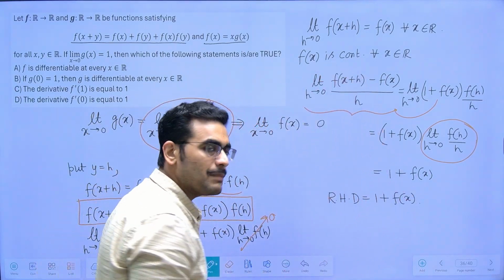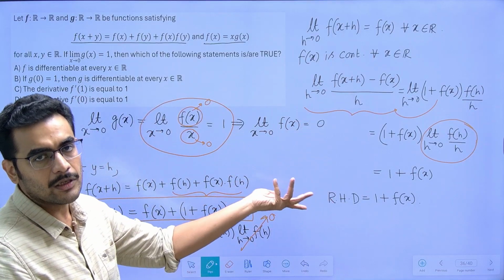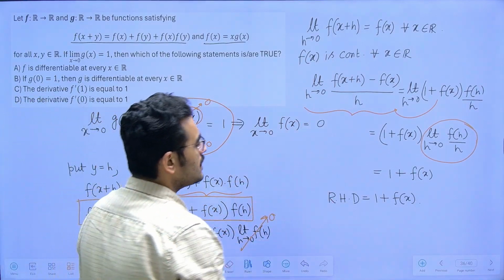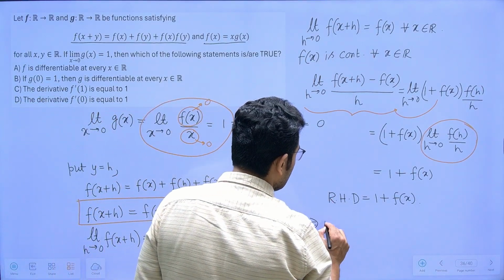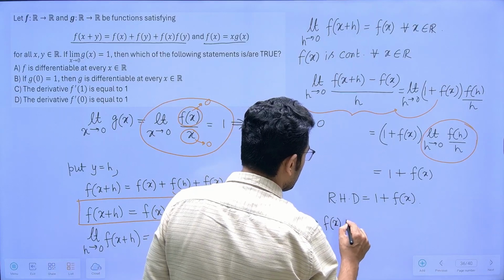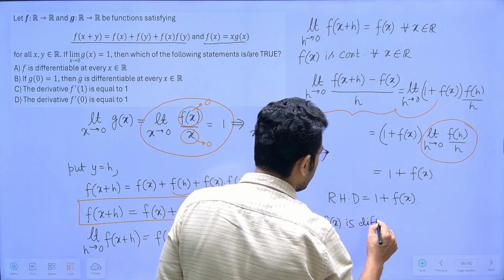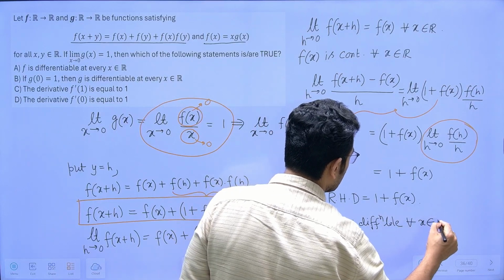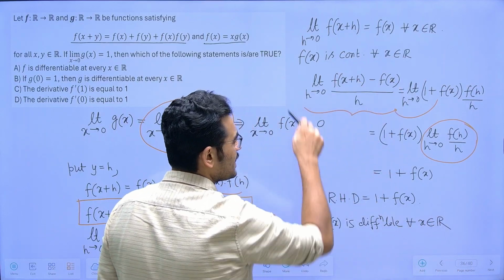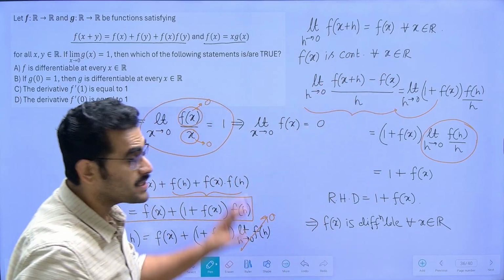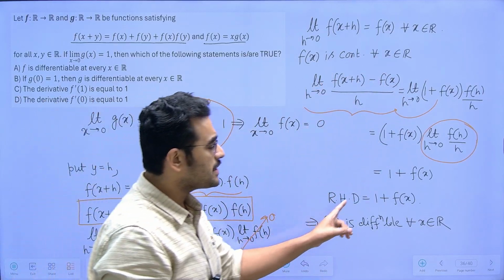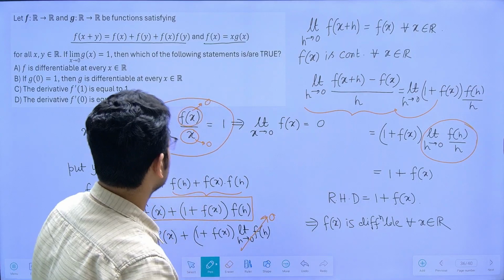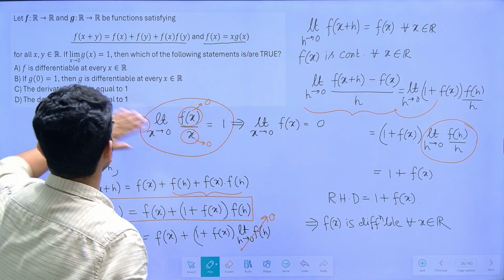Similarly, replacing h by minus h, we can prove LHD is also the same finite value. So this will imply that f(x) is differentiable for all x belongs to R, and this is nothing but the derivative of the function, which is f dash x. So f dash x is equal to 1 plus f(x).